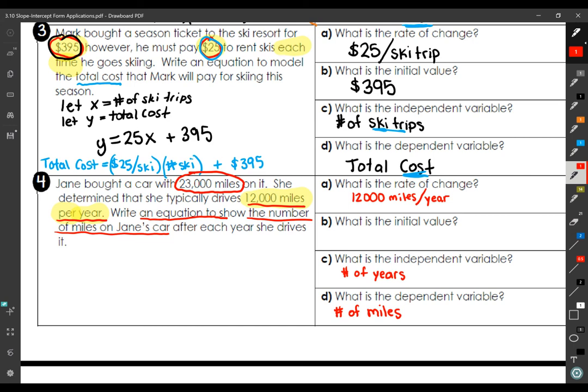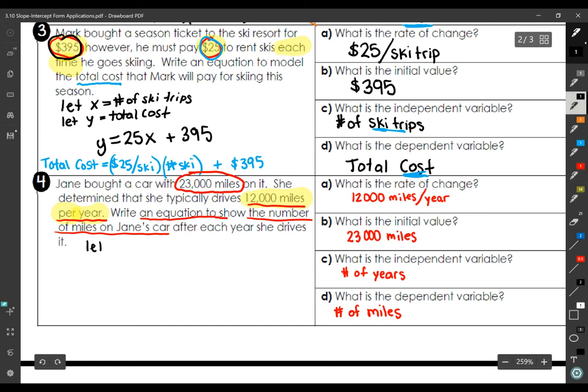The initial value is how many miles the car had when Jane owned the car for 0 years. So when she first bought the car, how many miles were on it? Well, we're told it started off with 23,000 miles.